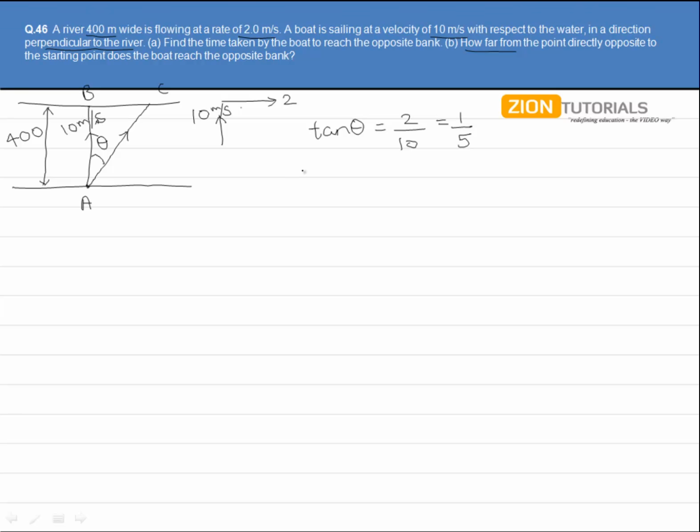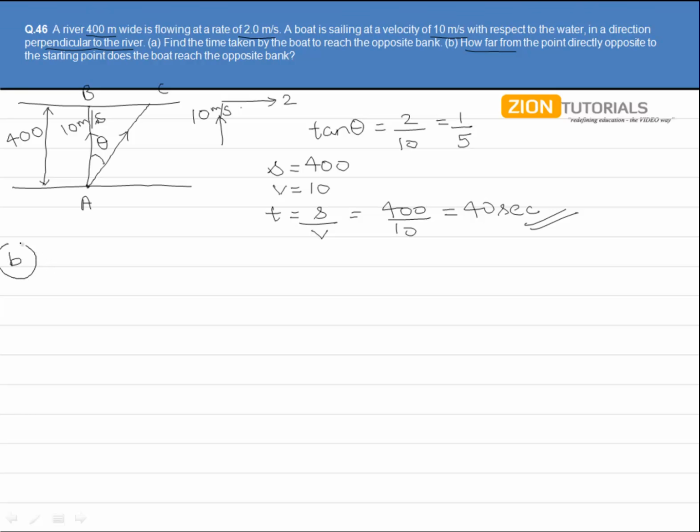So, if the distance to cross is 400 and the velocity is 10 meters per second, the time is distance upon velocity, equals 400 by 10, giving you 40 seconds. So this is the time that the boat will take to cross the river.